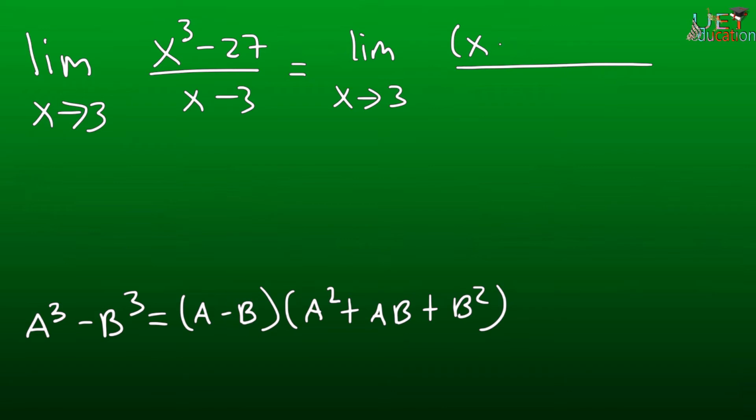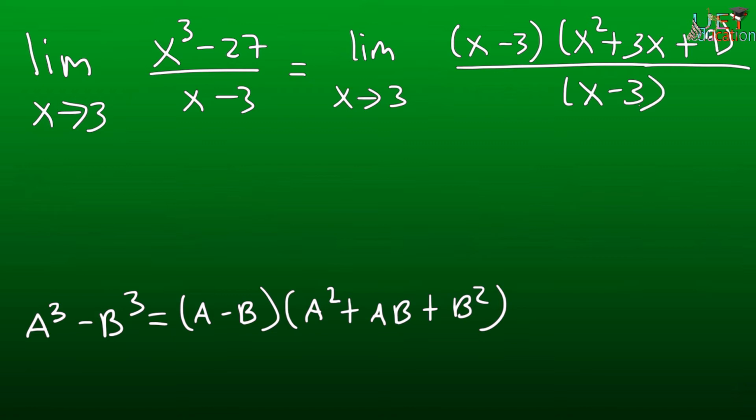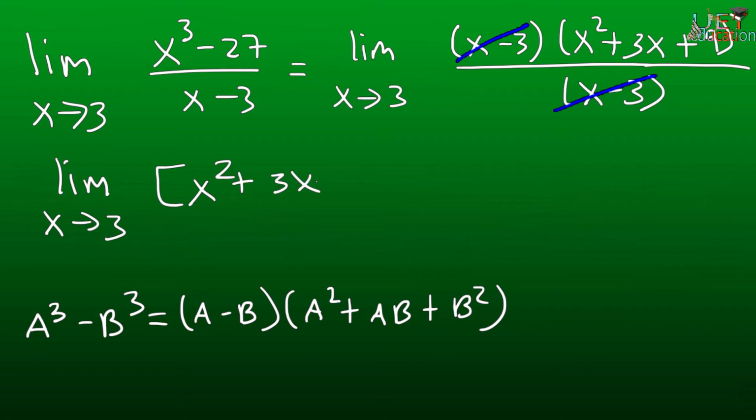So this is going to be x minus 3, and then a squared, that's x squared, and then plus ab, so that's 3 times x, and then plus b squared, or 3 squared, which is 9. Now we can cancel the factor x minus 3. So what we have left over is the limit as x approaches 3 of x squared plus 3x plus 9.